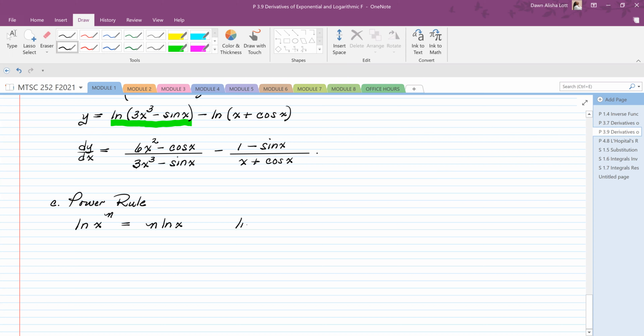So the log of x to the 4th is simply 4 times the log of x. The log of the square root of x is the log of x to the 1/2 power, which is simply 1/2 the natural log of x. So you can always move the exponent.